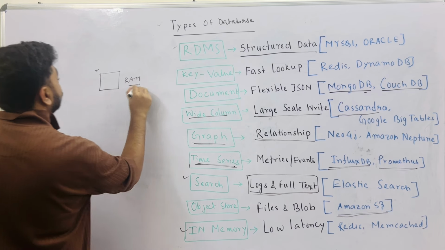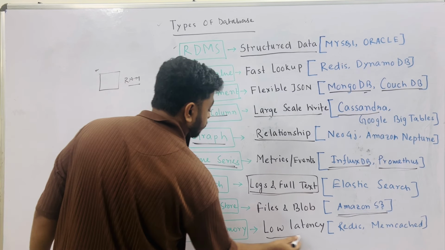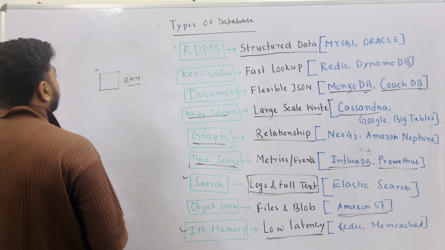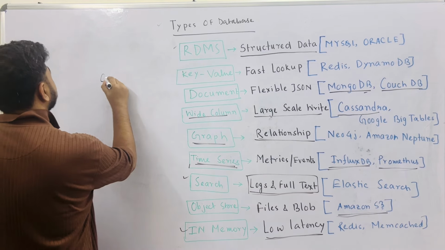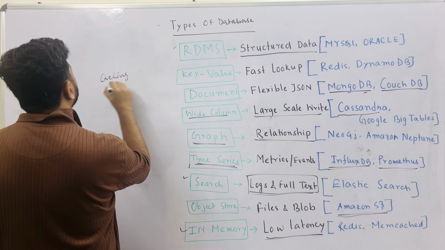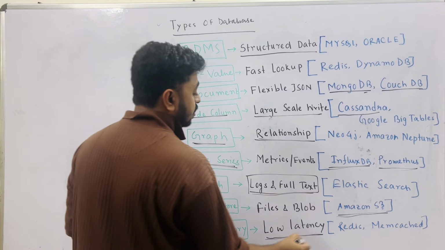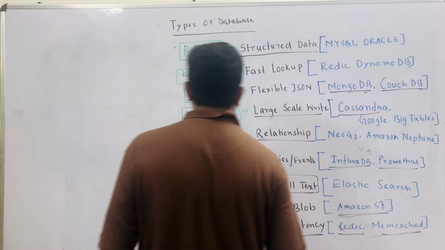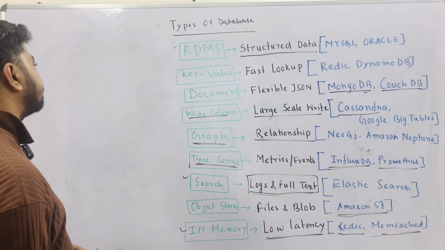So the data gets stored in RAM and it has very low latency in accessing the data. A commonly used use case is caching. Caching is one of the most common use cases for in-memory, and the examples are Redis and Memcached.